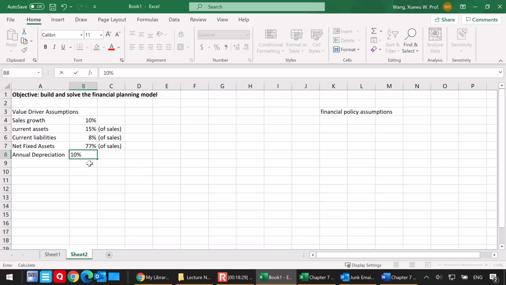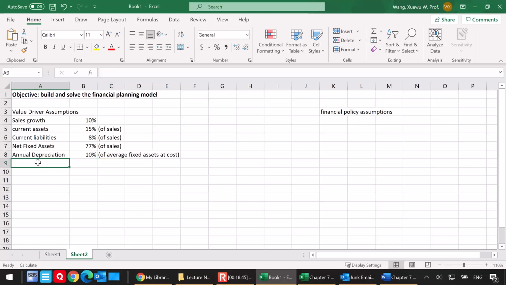Well, 10% of what? Not 10% of sales this time, 10% of the average fixed assets at cost. So whatever fixed assets at cost is for this year and also for next year, we're just going to take the average of the fixed assets at cost and multiply that by 10%.